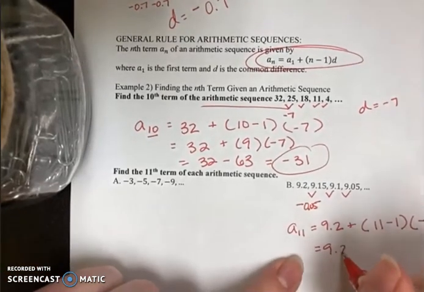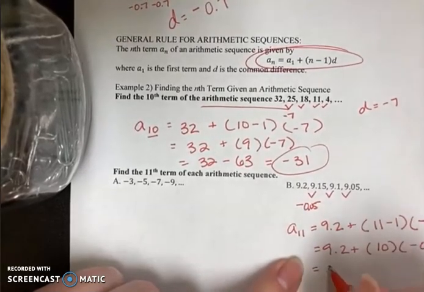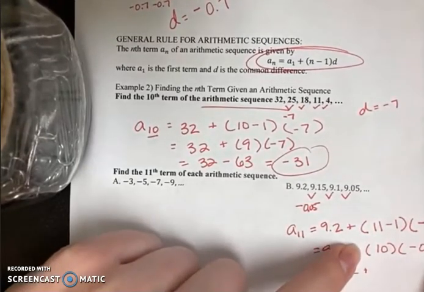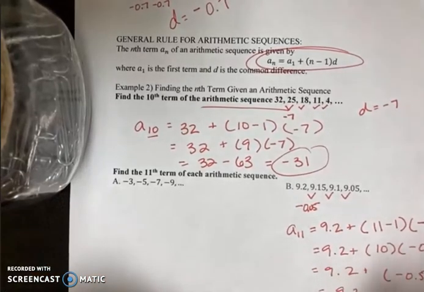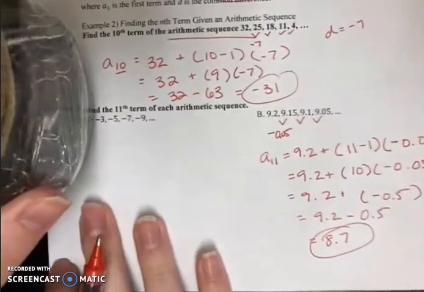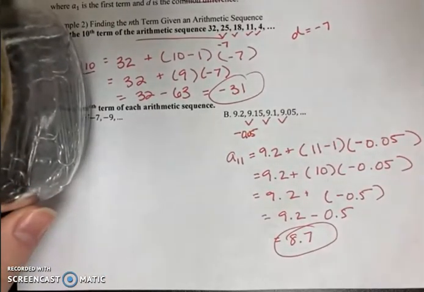That gives me 9.2 plus 11 minus 1, which is 10, times negative 0.05. If you multiply something by 10, it moves the decimal place over. So this is actually 9.2 plus a negative 0.5, or 9.2 minus 0.5, which is 8.7. So sorry, I didn't recognize you couldn't see it. So that means this term right here is 8.7.